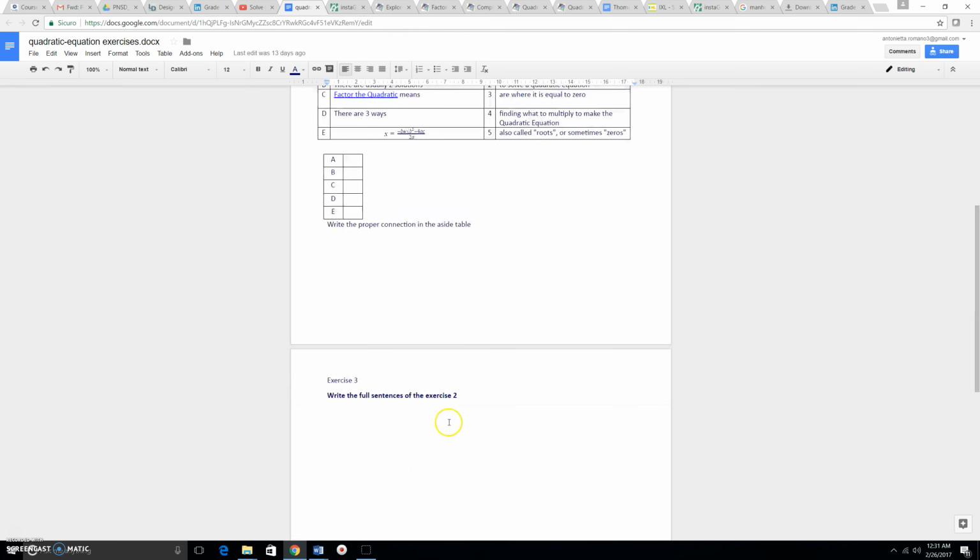In the third exercise, I ask, using the haptic of embodied writing, to write the full sentences of exercise 2, because writing reinforces students' definition learning, through this simple copy exercise.